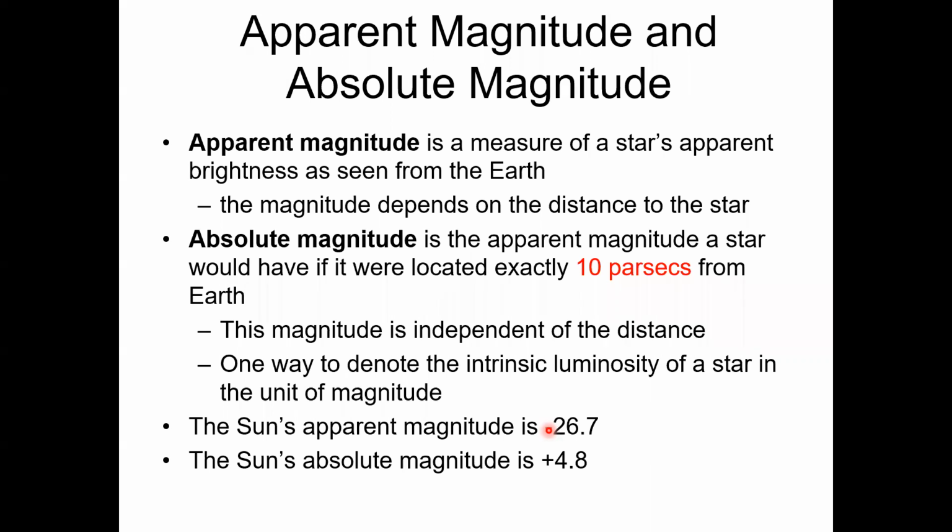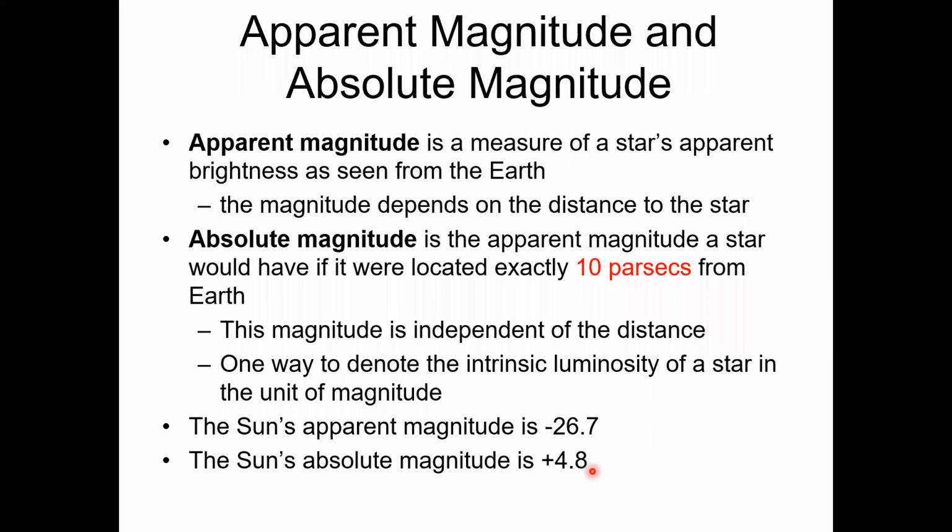So if you really do that, bring the sun 10 parsecs away, it will look like a faint star. And the absolute magnitude of the sun, or the apparent magnitude when you have the sun 10 parsecs away, is only 4.8. Okay. So 4.8.